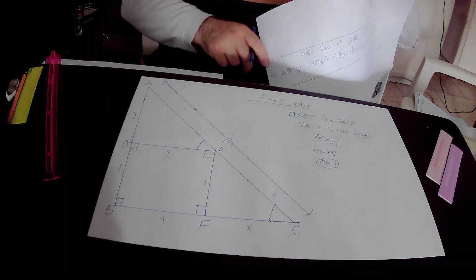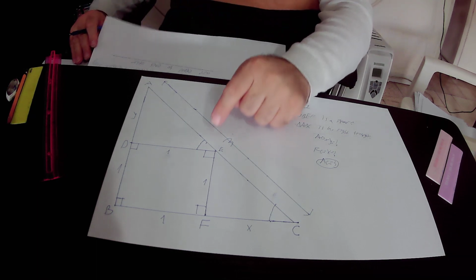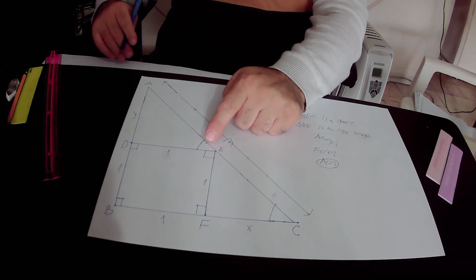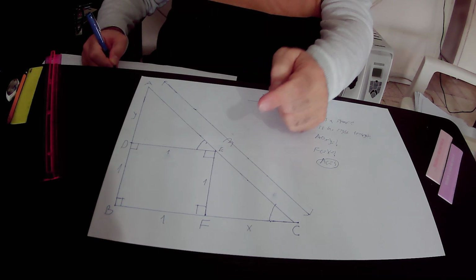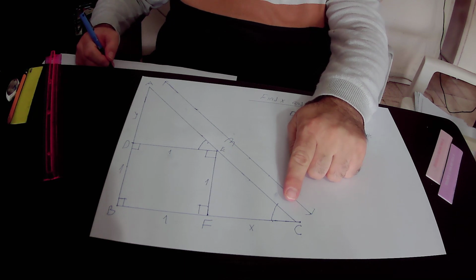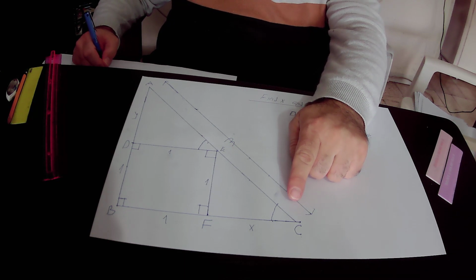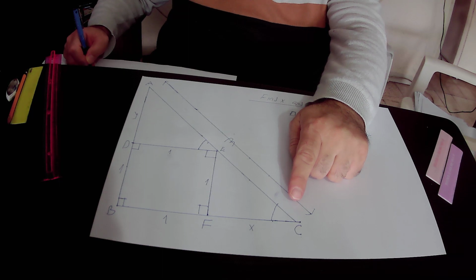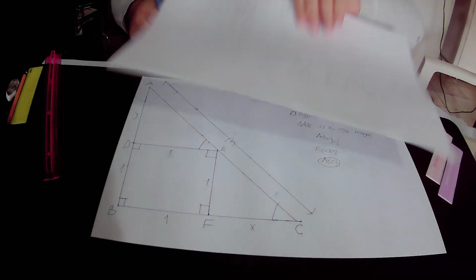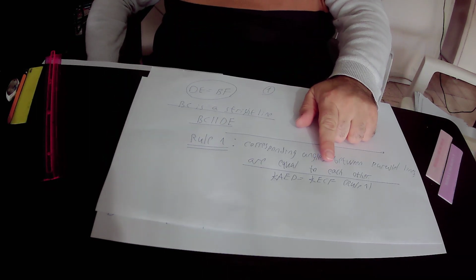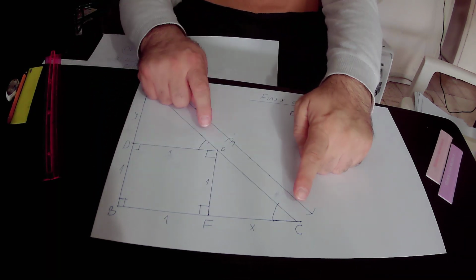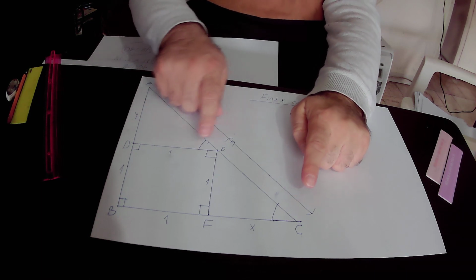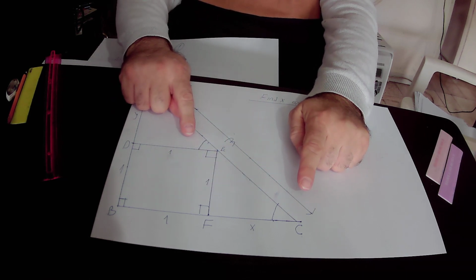So I know that angle AED, this angle, is equal to this angle, that is angle ECF, according to rule number 1. I will put it again: angle AED equals angle ECF according to rule number 1, because those two corresponding angles are located between the parallel lines DE and BC.